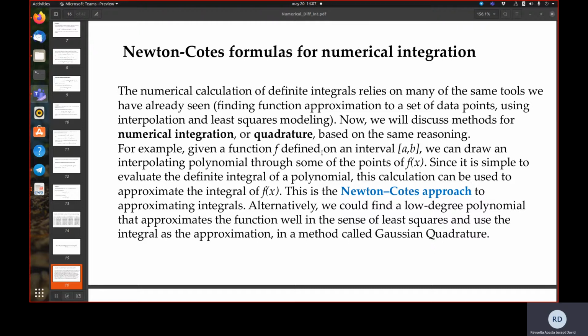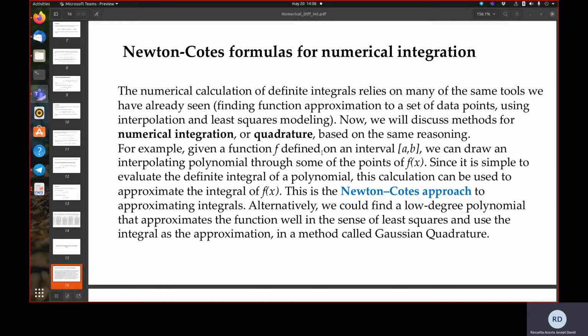Following with the Newton-Cotes formulas for numerical integration, the numerical calculation of definite integrals relies on many of the same tools we already saw. If you remember, we based our approximation of data sets of points on interpolation. We already know about Lagrange interpolation, Newton divided difference, and we also used splines to approximate the functions.